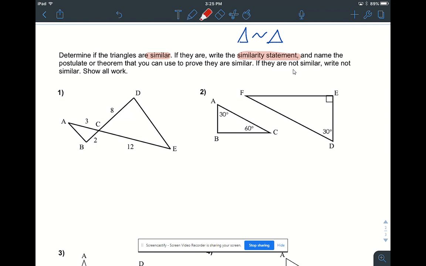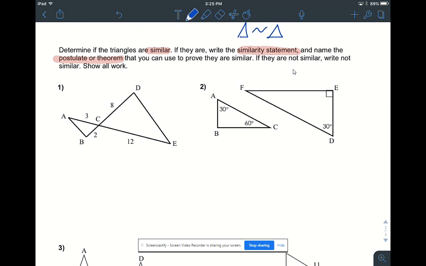And name the postulate or theorem. So we also have to name the postulate or theorem that we use to prove that they are similar. If they are not similar, we just simply write not similar. Show all your work.